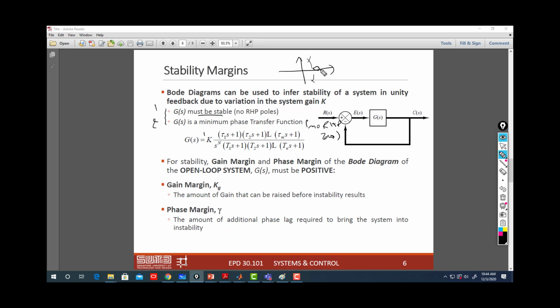You can have a system with right half plane poles, but then we call it a non-minimum phase transfer function. So to be a minimum phase transfer function, you should have no right half plane poles and no right half plane zeros. If these two conditions are met and your system is unity feedback, in this case you draw the Bode plot and find the gain and phase margin to infer stability.